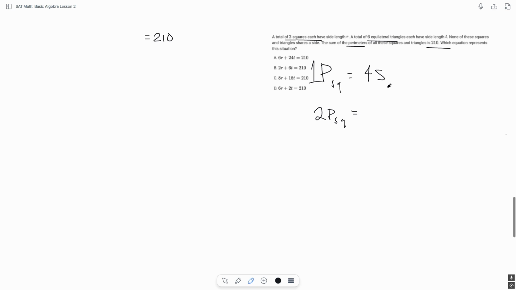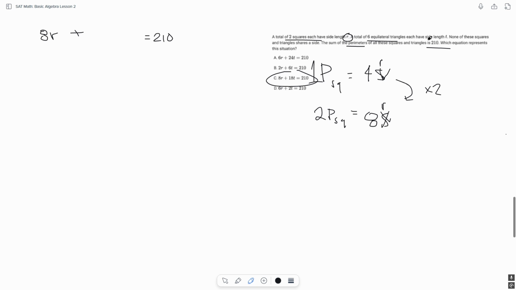You just do 2 of them. So it's 8s. And, sorry, in this case it's actually r. They use r instead of s. So this will just be 8r. And you can actually see just based off of that it's C. But let's look through the rest just to help explain the reasoning.